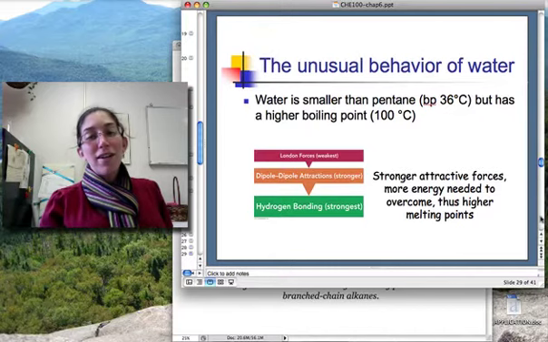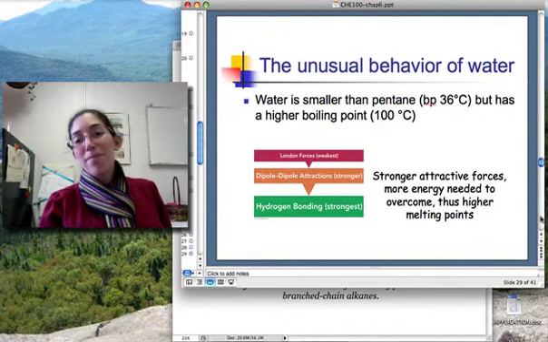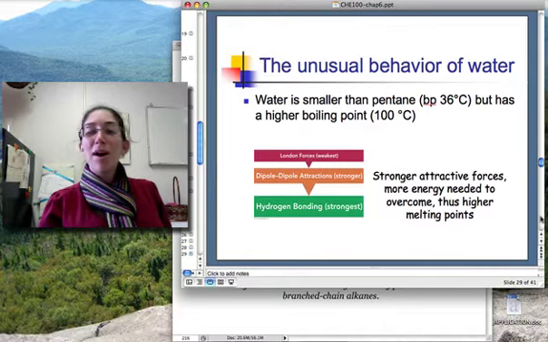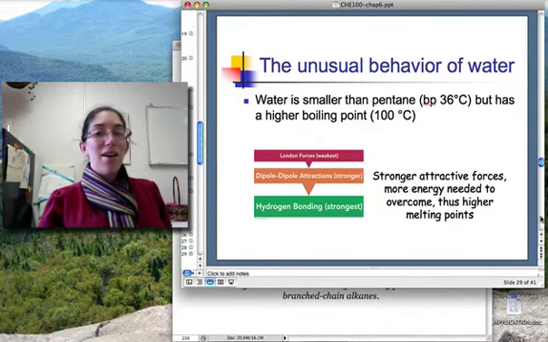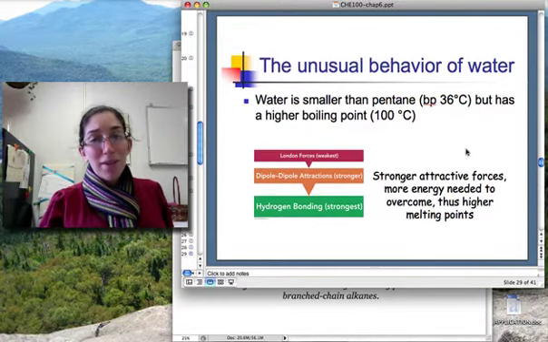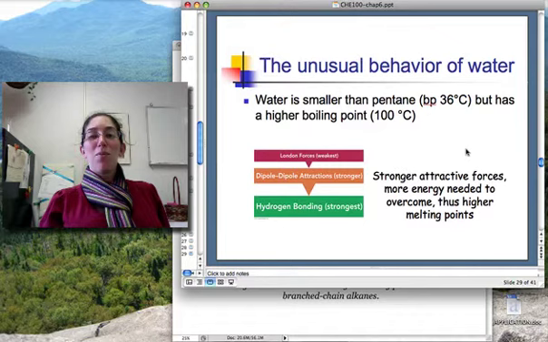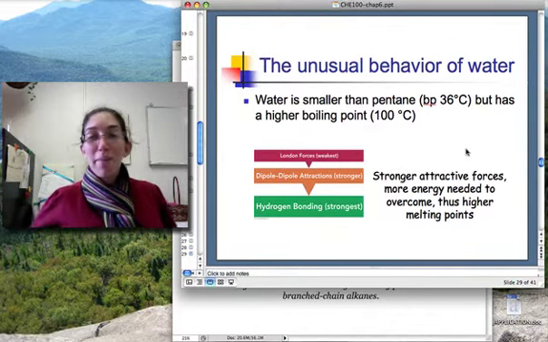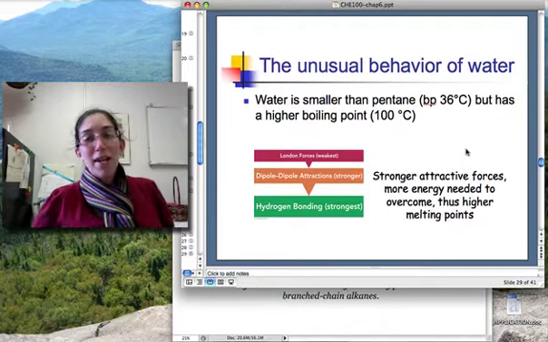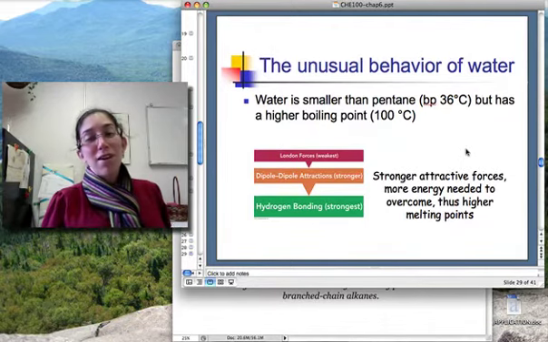So water is a little bit weird, okay? It's smaller than pentane. And remember, pentane's boiling point was 36 degrees, but water has a higher boiling point. So why is that? It's smaller. I thought we said that as molecules get bigger, the boiling point gets higher, right? But it's not always about the size. It's about the attractive forces, okay?